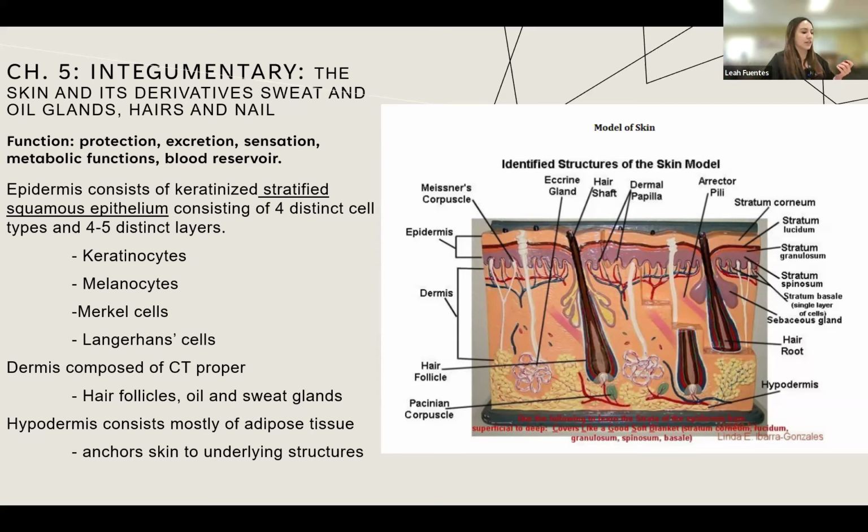Those are those specific ridges, the papillae. That would be the first major area of the dermis. There's also the reticular layer. The reticular layer is made of dense, irregular connective tissue and accounts for 80% of the dermis.